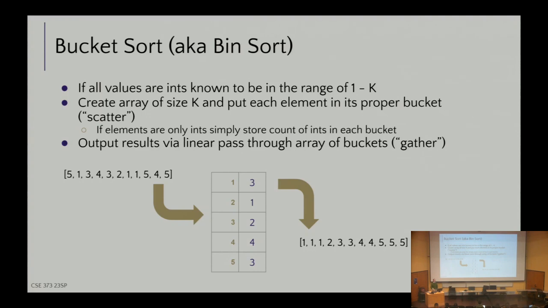Bucket sort in this context is relying on the fact that ints have an inherent sorted order that's just going to match the way that an array would work anyway. So I'm just doing counts, and then I'm just looping over the buckets and producing that number of ints based on the value stored in the bucket. Questions on how this sort works?